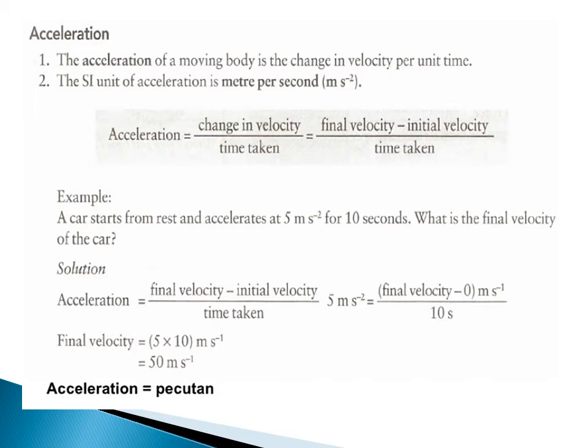So we just use the formula: acceleration equals final velocity minus initial velocity over time taken. The acceleration they already give to you is 5 meter per second squared, equal to final velocity minus initial velocity, where final velocity is the velocity that we are looking for, over 10 seconds.